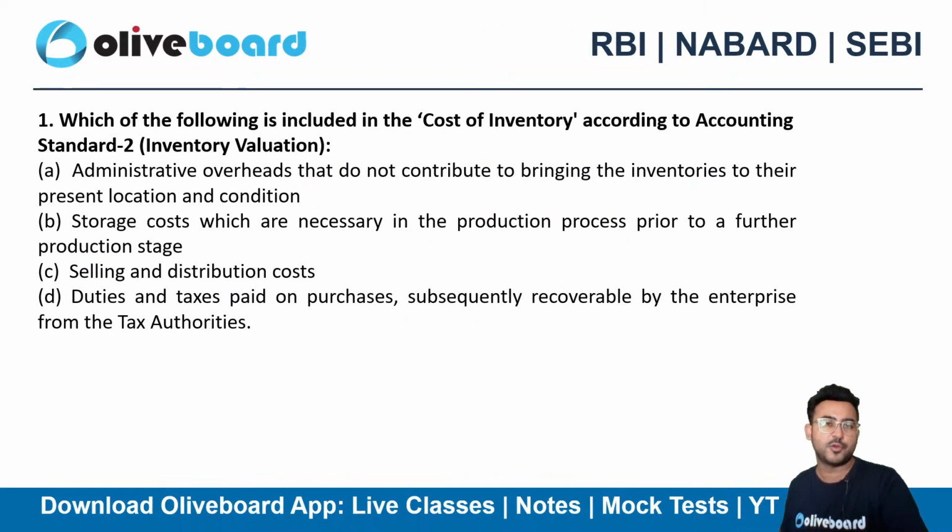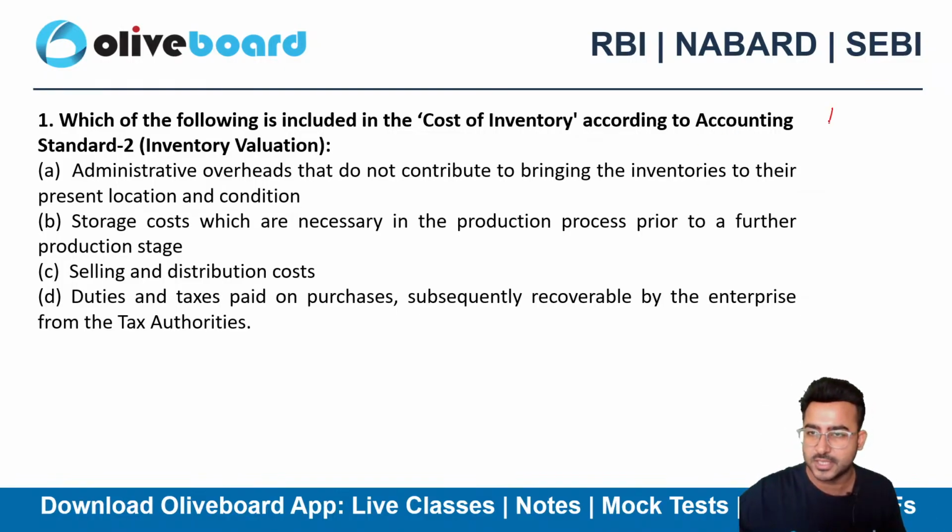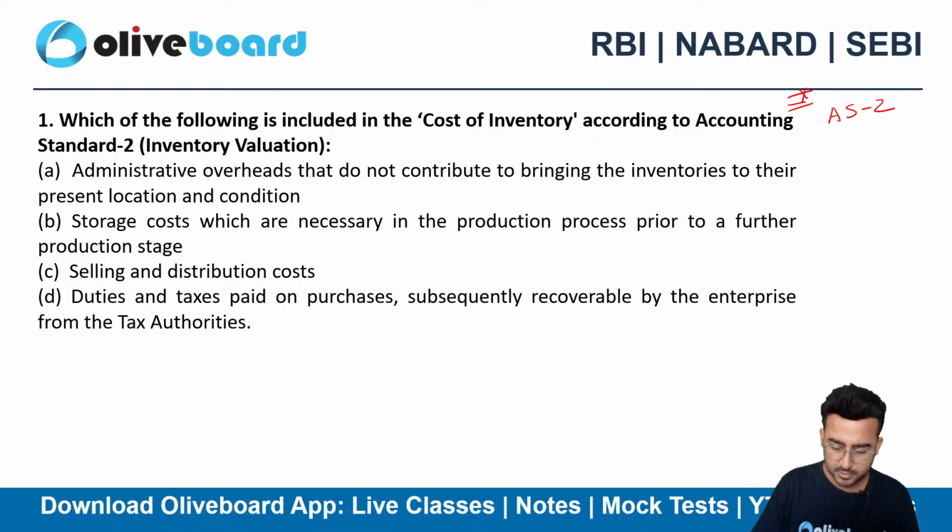The first question for today: which of the following is included in the cost of inventory according to Accounting Standard 2? This question is from AS 2, the most important accounting standard for EPFO candidates. Option A: administrative overheads that do not contribute to bringing the inventory to its present location and condition.